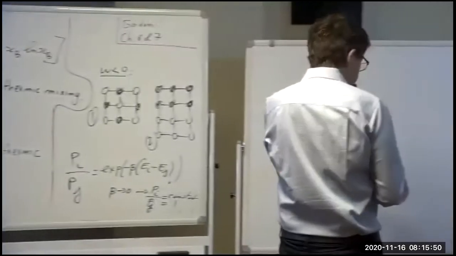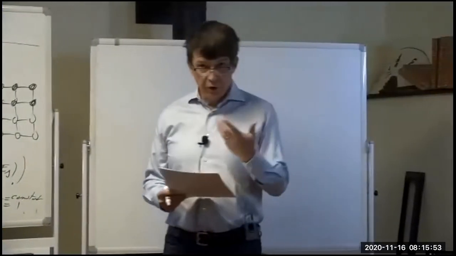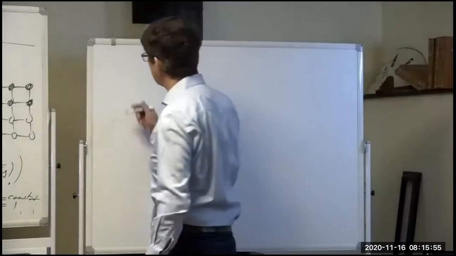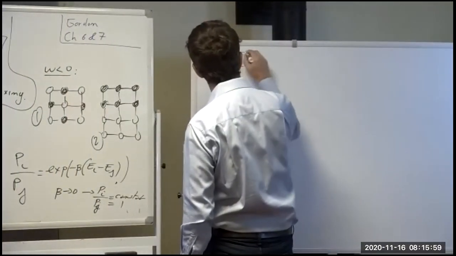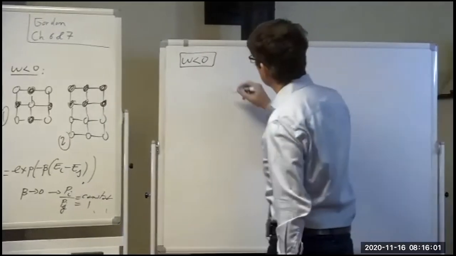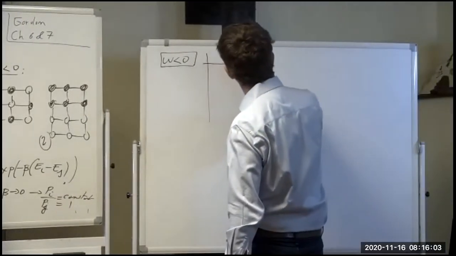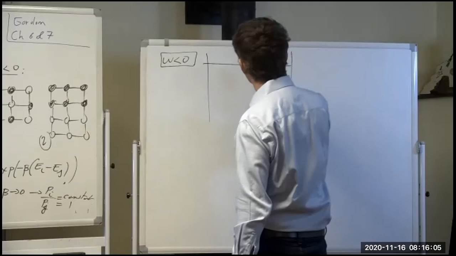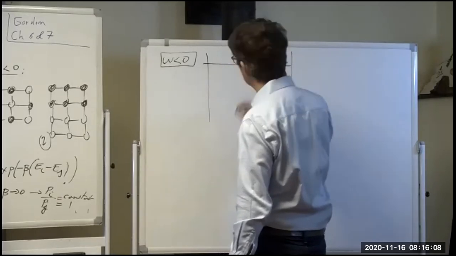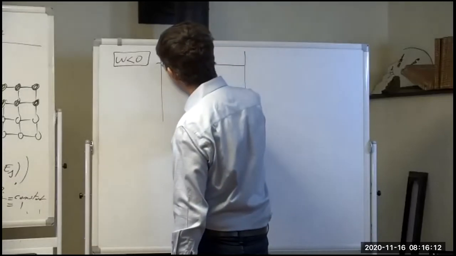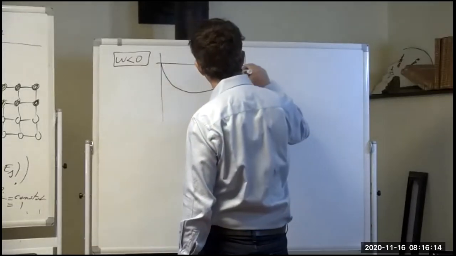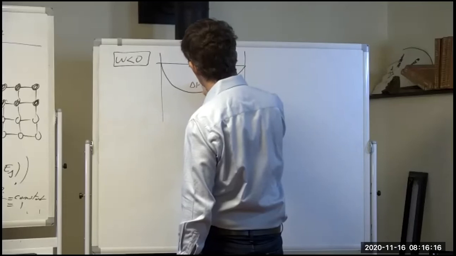Okay, so let's look at what kind of behavior this model gives. I'll first start with the omega negative case, because it's the most obvious one. If you plot the free energy of mixing by its contributions, in this case the enthalpy term is negative, and remember, the enthalpy term is a quadratic, so this would be the enthalpy of mixing.